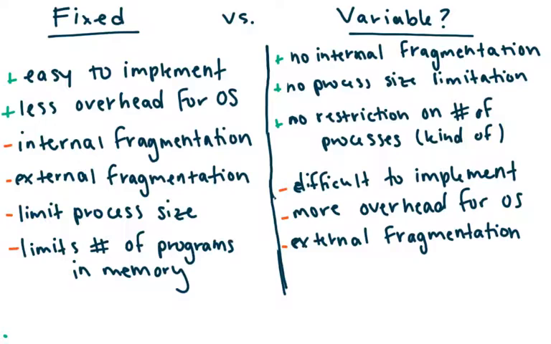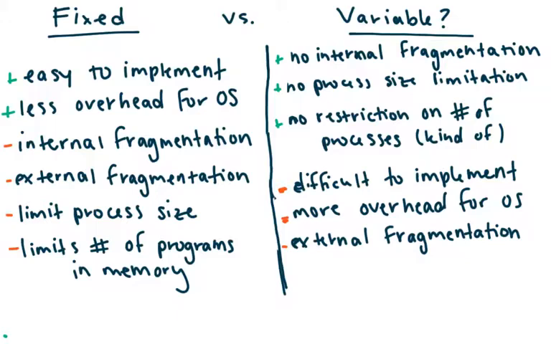So just to wrap up, I made a table here of fixed versus variable, and why use one over the other. You may be thinking, okay, variable partitioning got rid of internal fragmentation. Great, so why don't we always use that? Well, it has a few drawbacks. Variable partitioning is usually difficult to implement.